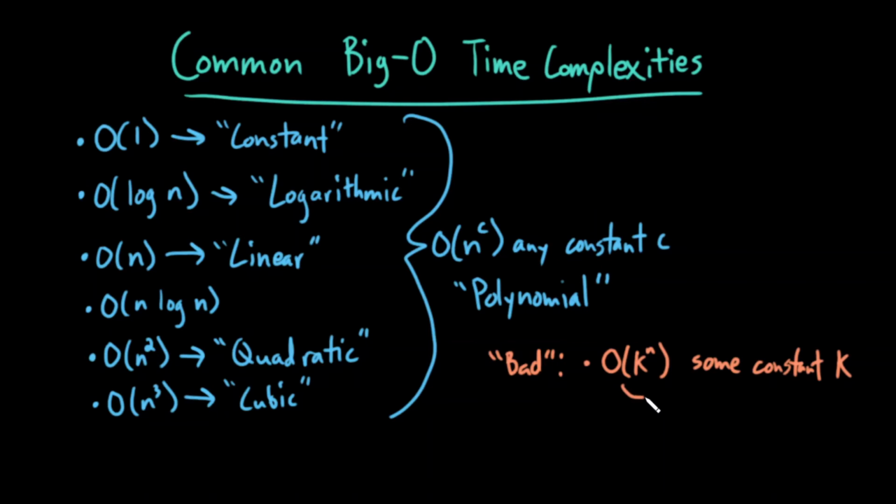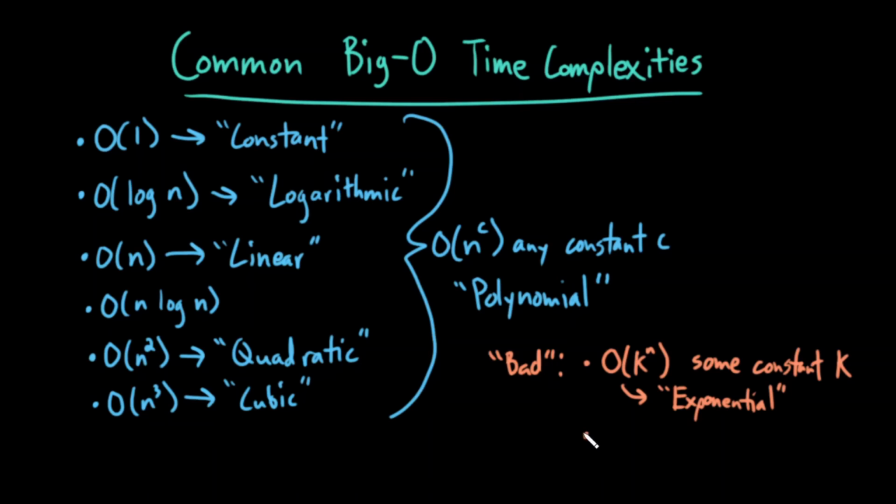This is called exponential time, or exponential. For example, you might see big O of 2 to the n, or big O of 3 to the n. As n increases, n being the input size, this scales pretty horribly. So in bioinformatics, one example is the sequence alignment problem. To optimally solve that problem, if I have n sequences of length k, this is big O of k to the n to solve.